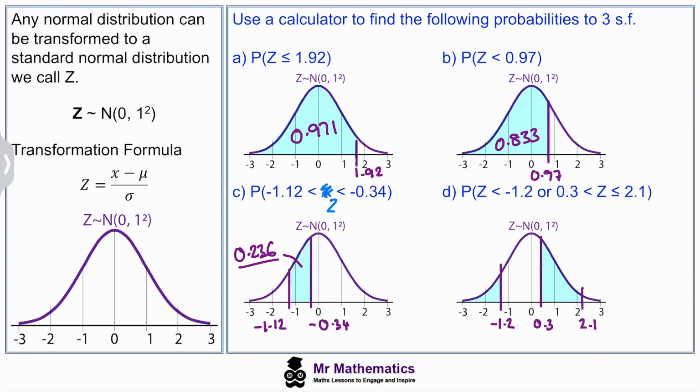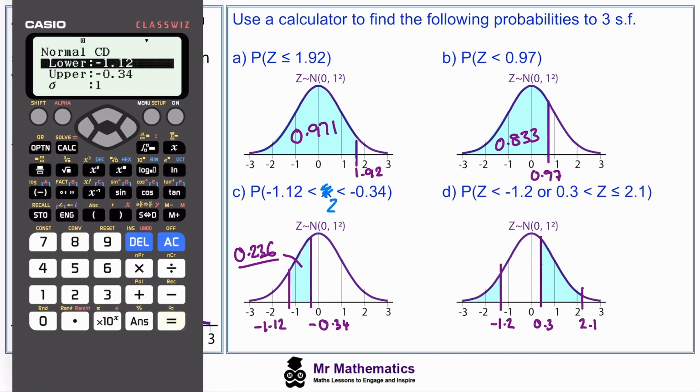So if we begin by working out this probability, we'll say the lower is -3, the upper is -1.2, and we get a probability of 0.114. Working out the second region, the lower is 0.3, the upper is 2.1, and this gives us 0.364.